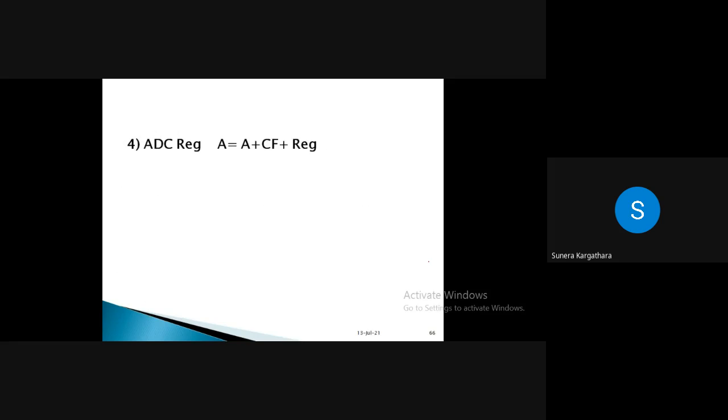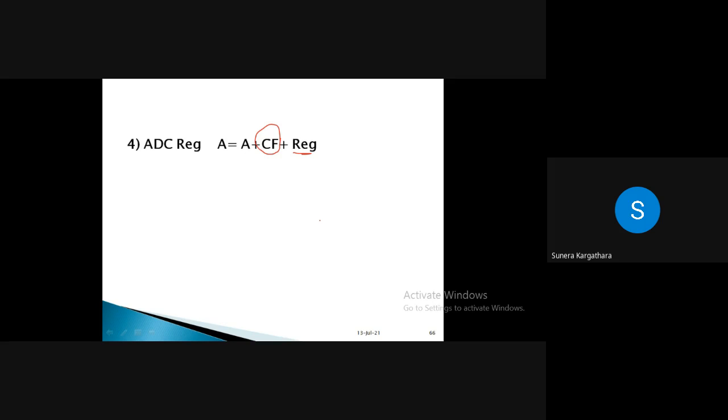So I'll just mention here, after ADD, then ADI, then ACI, ADC is an instruction which will add your accumulator with a register by considering the carry flag. In case of ADD, we will not consider any carry condition. If any previous carry was generated, we will not consider it.